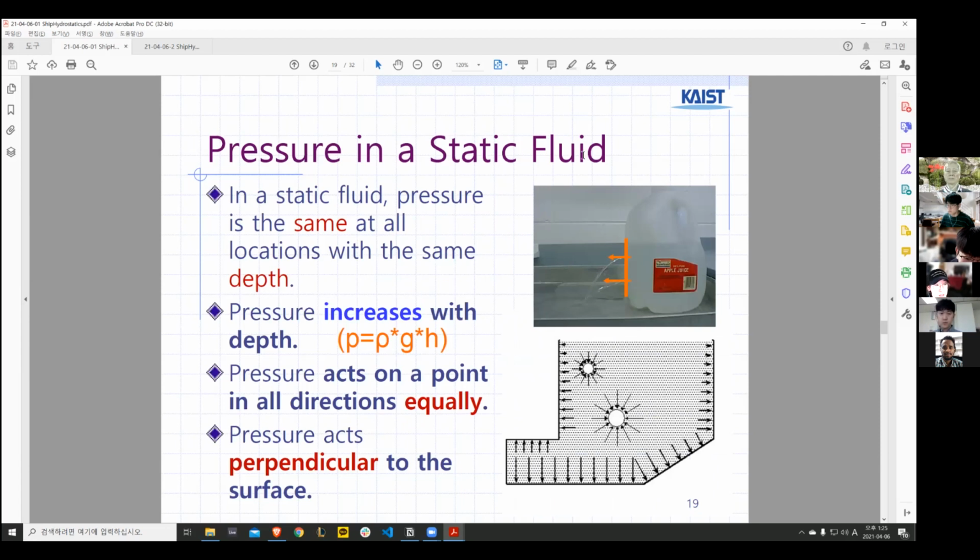Pressure in a static fluid at the same depth is the same pressure. So pressure increases with only depth or density, as I mentioned in the previous slide. But the direction is perpendicular to the surface.